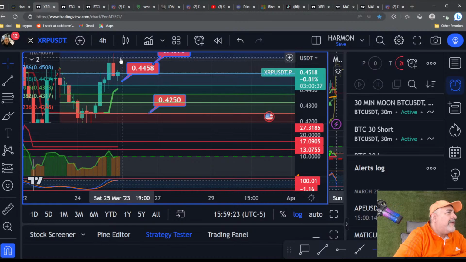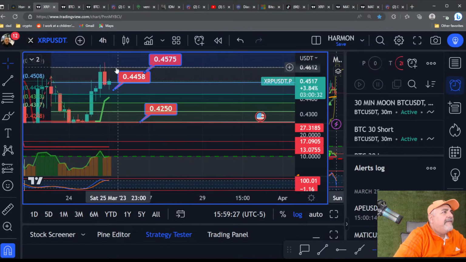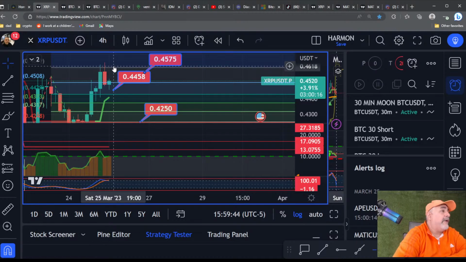Where this starts to break back up to this 40, let's see what line is that. So that's sitting at 46.12, right? So it looks like right now the buyers are losing the fight and the sellers are holding. So right now it looks like XRP is gaining momentum at this level to make one more push up, right? And that's kind of where we're at right now.